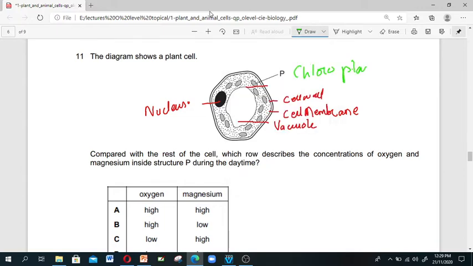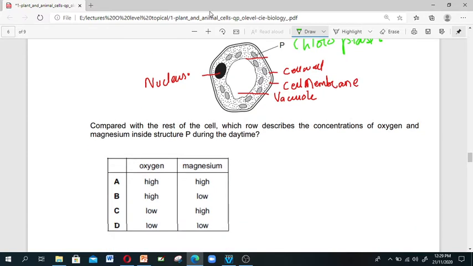And what is chloroplast? Chloroplast contains chlorophyll, the green pigment which is responsible to trap sunlight for the process of photosynthesis. So when we are comparing this cell, about structure P, what is the right option? Oxygen high, high; high, low; low, high; low, low.